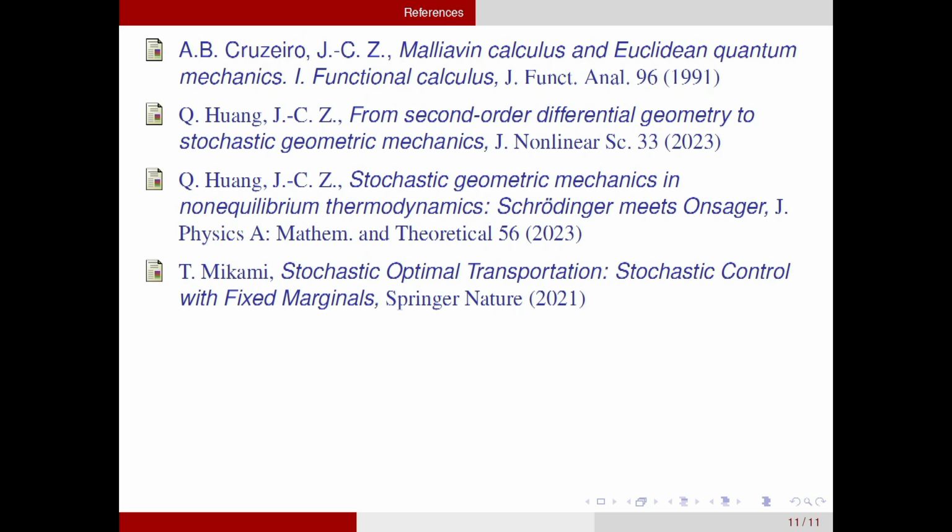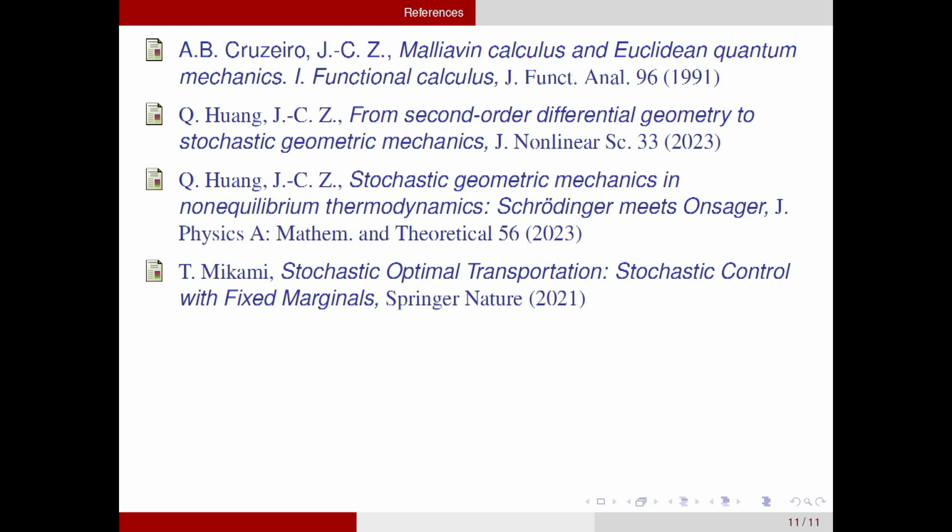In the third paper, this one is very long, actually. But if you take a look at this one, you will get all the details. Second order differential geometry: this is the differential geometry of the generator of a process, in contrast with the geometry of a vector field.